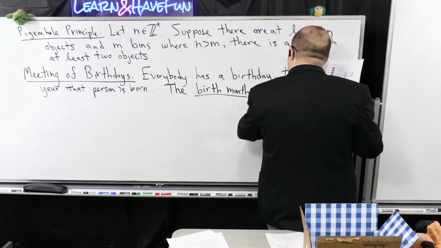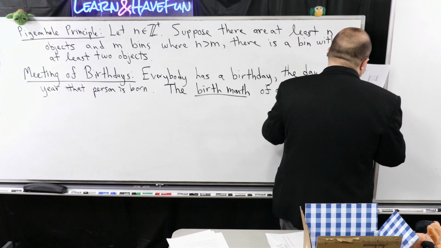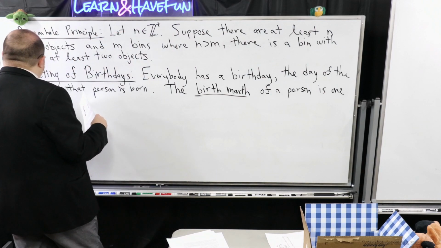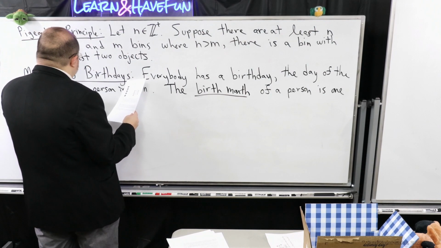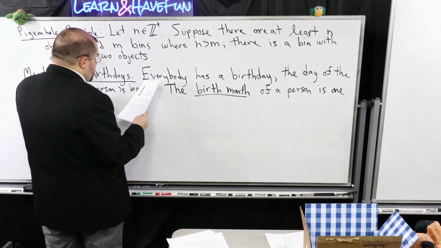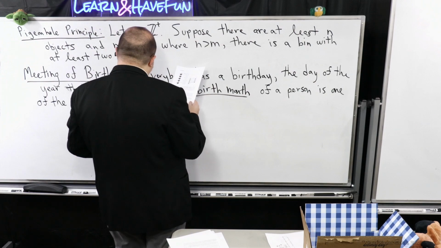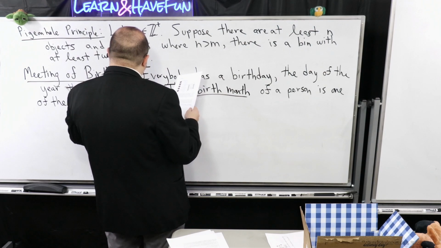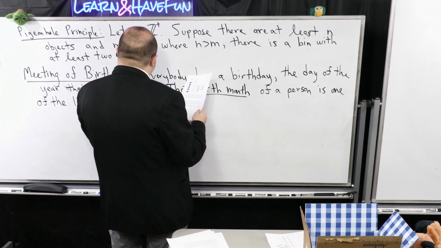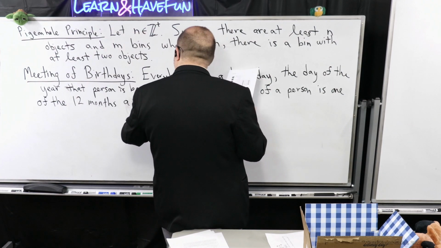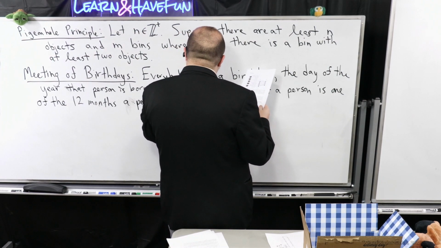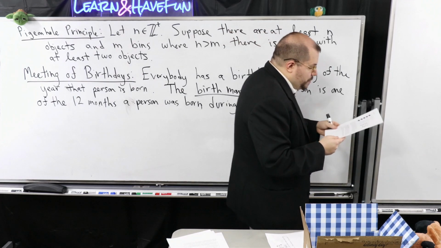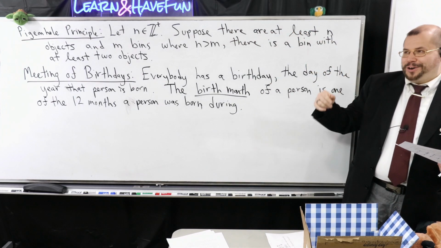The birth month of a person is one of the 12 months that we'll say a person was born during. For example, if you're born in the month of March, your birth month is March.